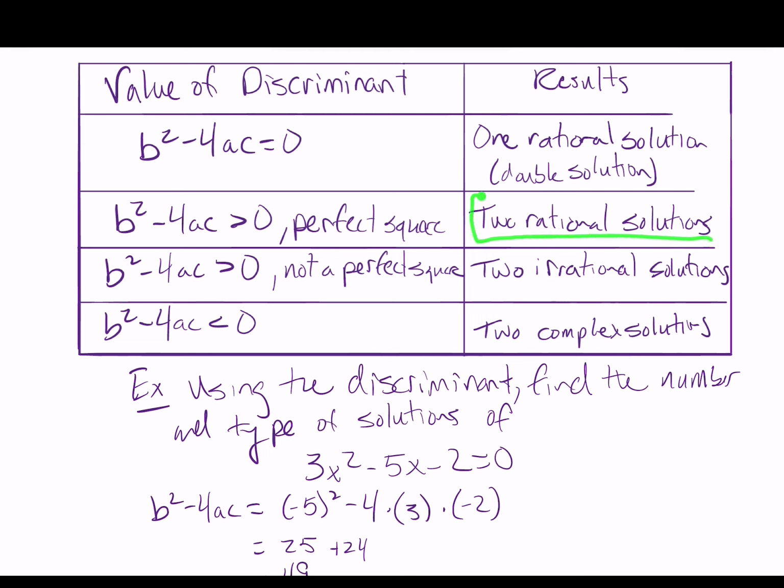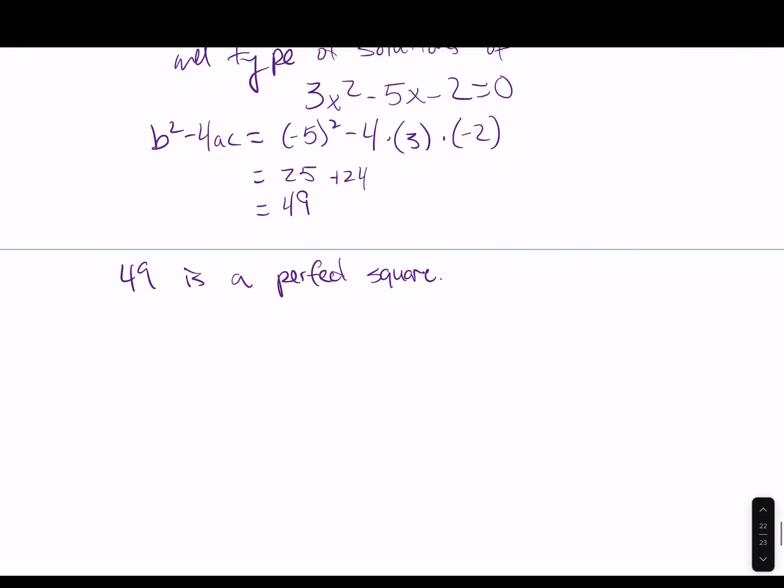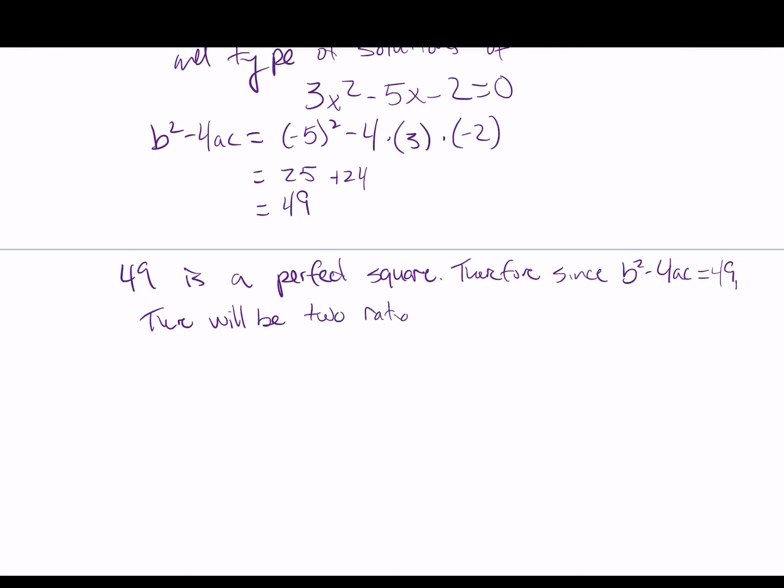That means we have two rational solutions. So in this case, we can say, therefore, since b squared minus 4ac is equal to 49, there will be two rational solutions.